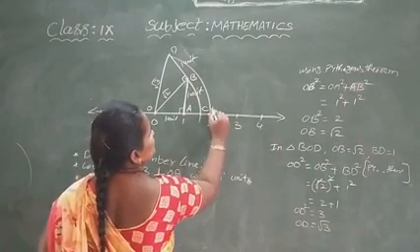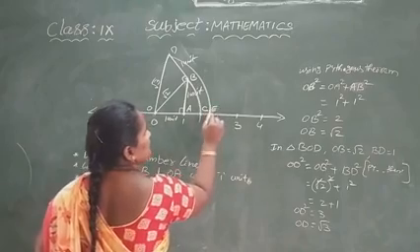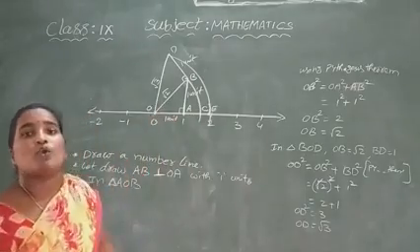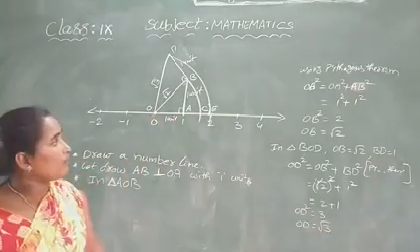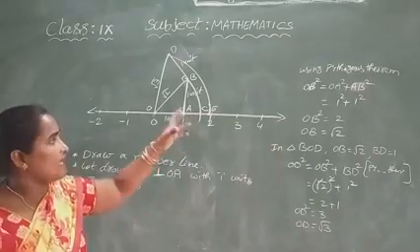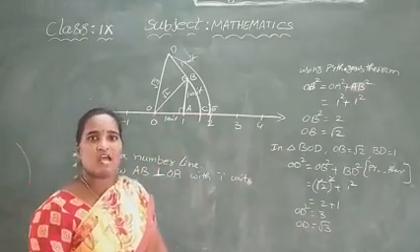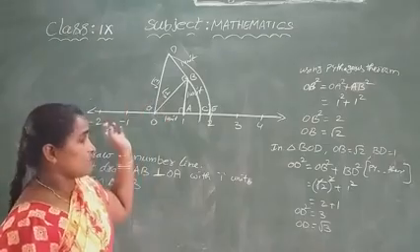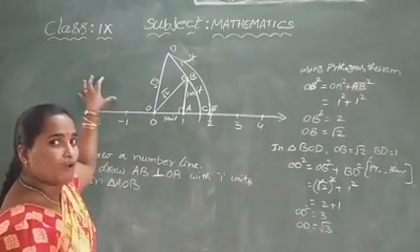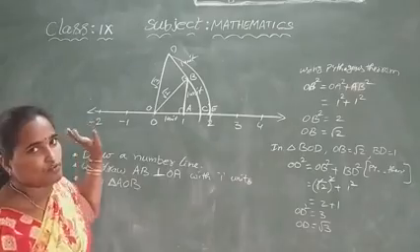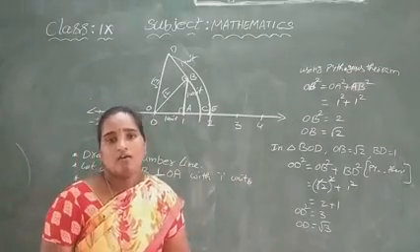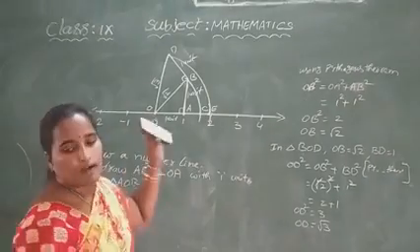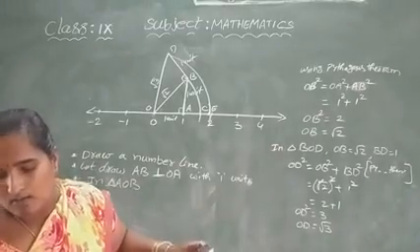This is E. You can take this point E. E represents the √3 value. Okay ma, did you understand how to represent √2 and √3? We can continue this process. Then you take √4 and √5, √6 and √7 also. Okay ma? This is how to represent irrational numbers on the number line.